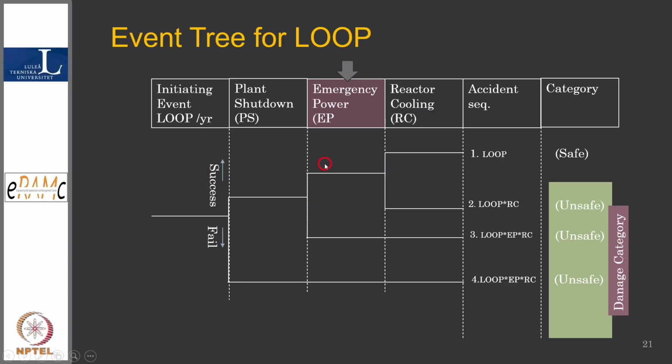Now again, if emergency power is there, then we have already seen that it is a safe state. If it is not there, we are going to the unsafe state, because reactor cooling is very important for the system. So these are the three damage categories.